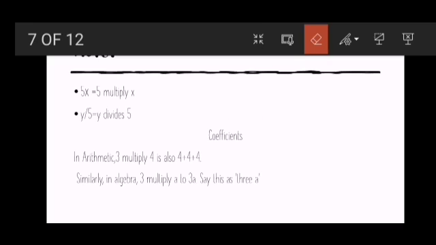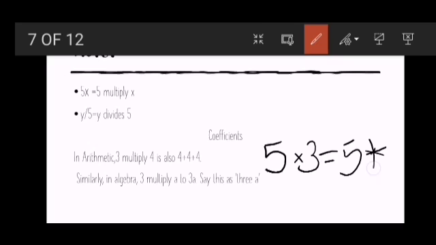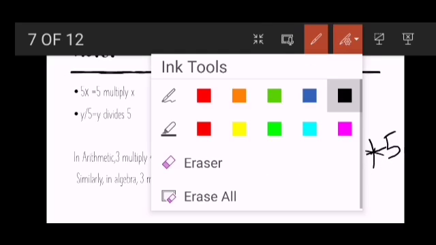And coefficients in arithmetic, 3 multiply 4 is also 4 plus 4 plus 4. For example, if I write 5 multiply 3, it is also equals to 5 plus 5 plus 5.